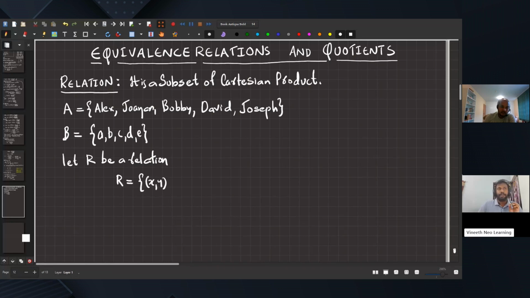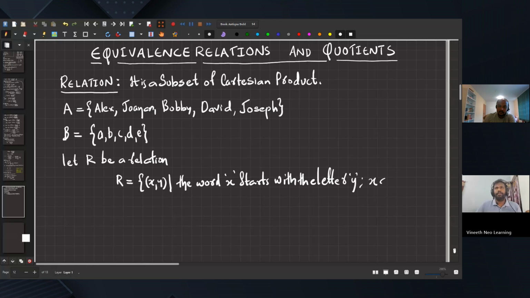Since Cartesian products contain ordered pairs and relations are subsets of that Cartesian product, elements of relations are always ordered pairs, such that the word x starts with the letter y, where x belongs to A and y belongs to B.